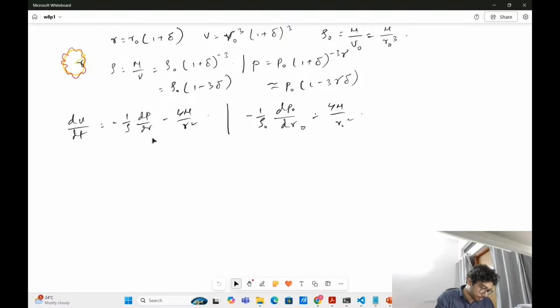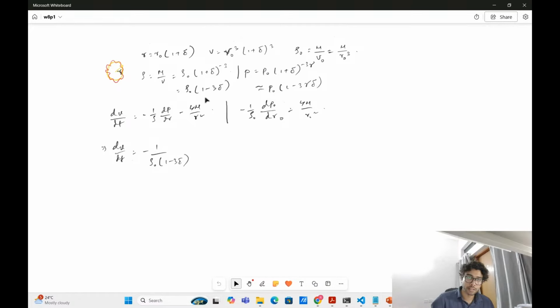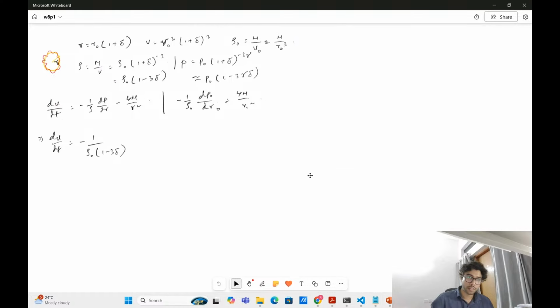So this will become dv/dt equals minus 1 over ρ, where ρ is ρ₀ times (1 - 3δ). So we're just replacing all these terms from here, ρ and P and everything.